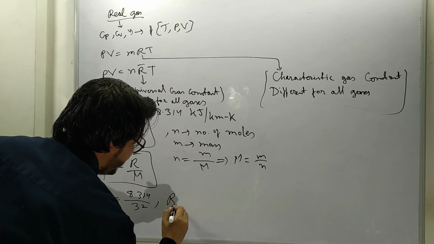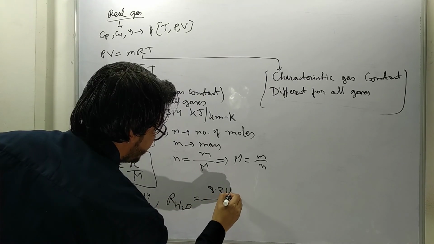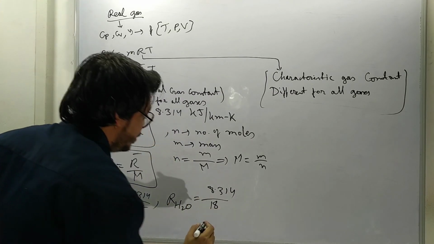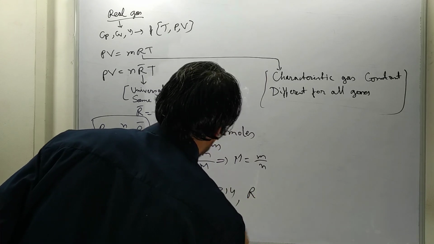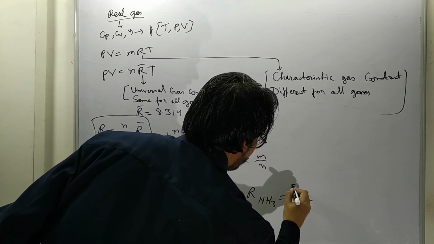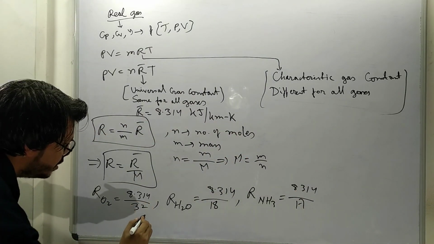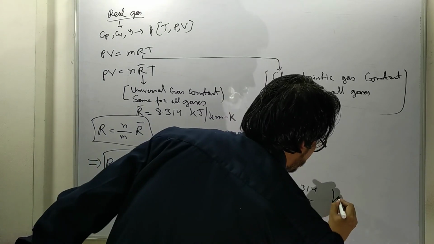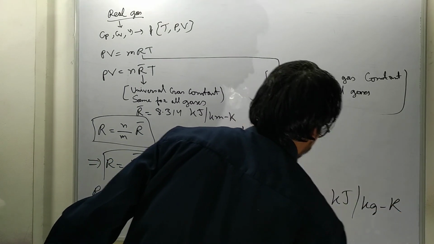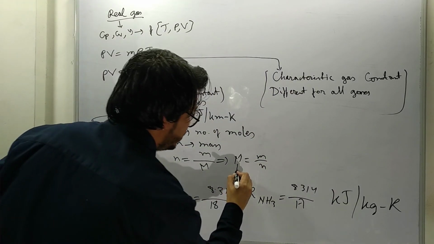R for H2O is 8.314 by 18, and R for NH3 is 8.314 by 17. Its unit is kilojoule per kg Kelvin. This is the molecular weight.